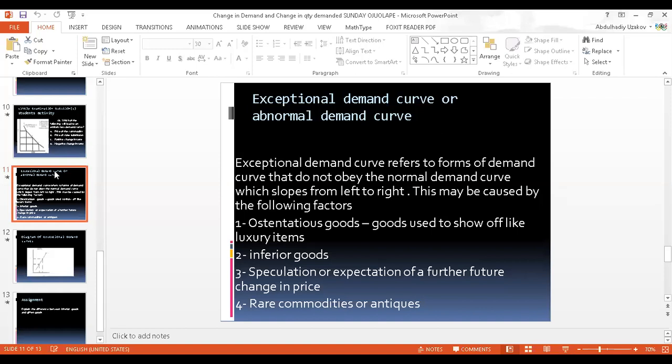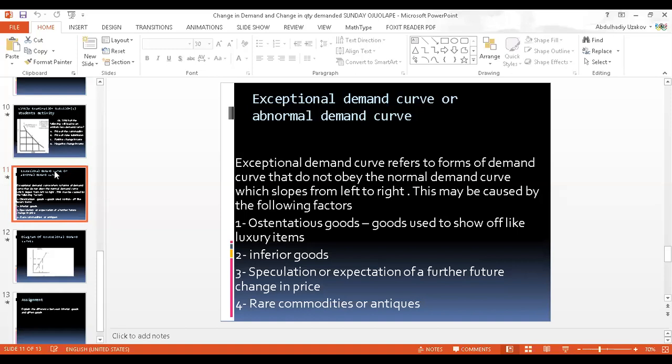The lower the price, the higher the quantity demanded. It means price and quantity demanded have an inverse relationship. When price is going up, quantity demanded is coming down. When price is coming down, quantity demanded is going up. This is the regular law of demand.